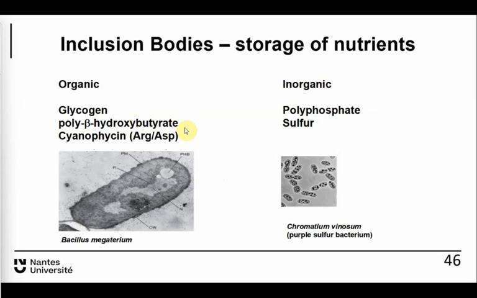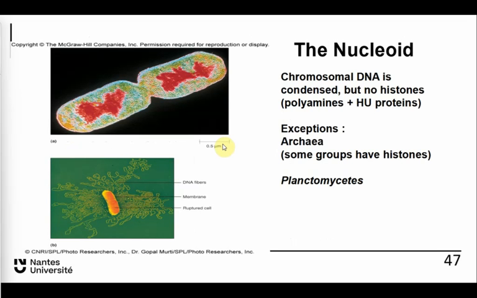Poly-beta hydroxybutyrate is very hydrophobic. So these granules are surrounded by a lipid monolayer with the hydrophobic lipid tail pushing into the granule of poly-beta hydroxybutyrate. Okay, storage granules help bacteria survive when the food runs out.